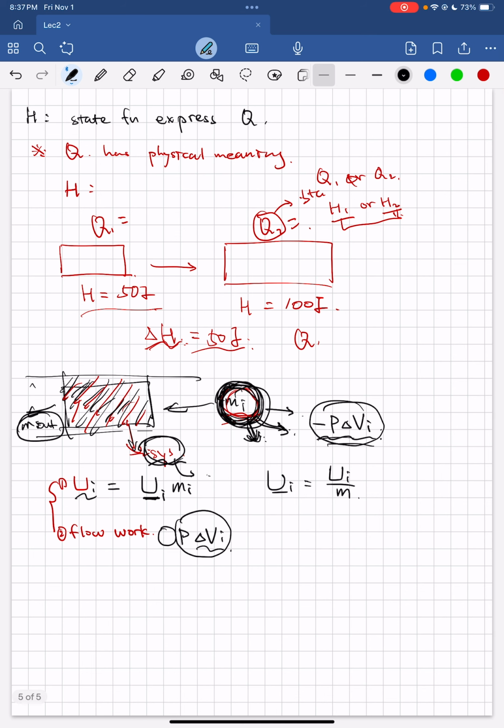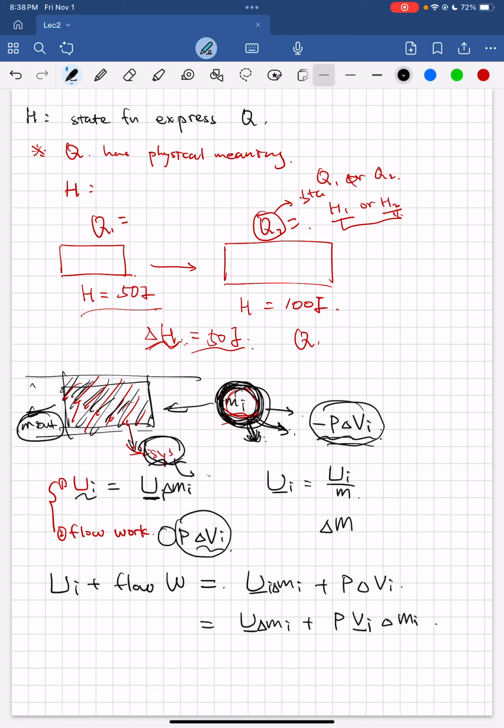So we can express the energy transferred by this particle to the system as this ui plus flow work, right? Flow work equals this, plus P delta Vi, which can be changed into ui plus P vi delta Mi.